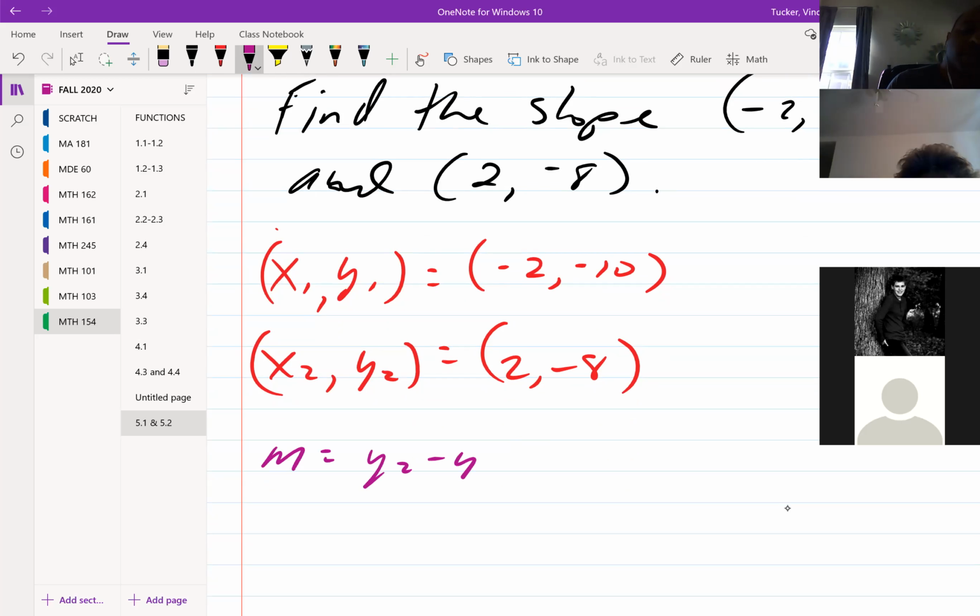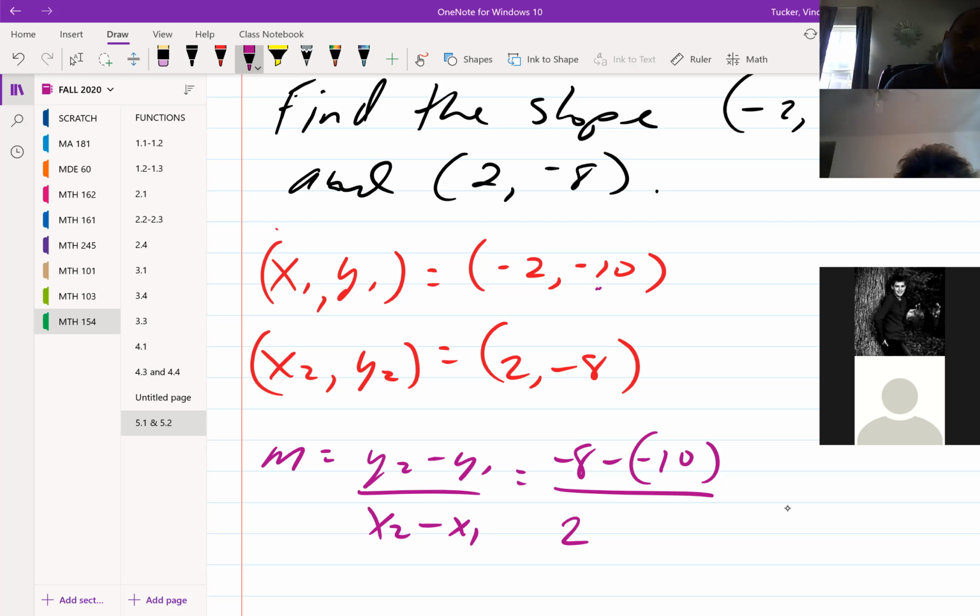Remember I said y2 minus y1 over x2 minus x1. So y2 is -8. Make sure you don't lose a negative. So there's a minus sign in your formula, plugging in -10. And that'll be x2, which is 2, minus -2, which is x1.